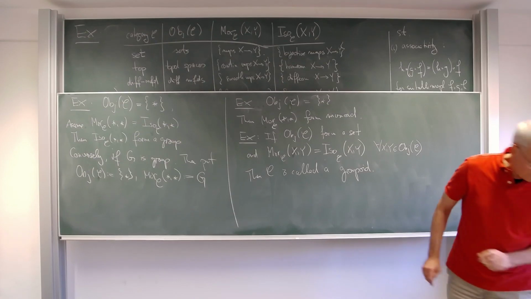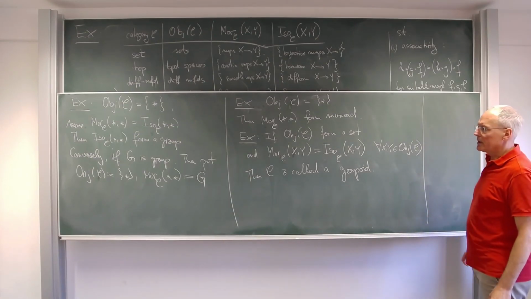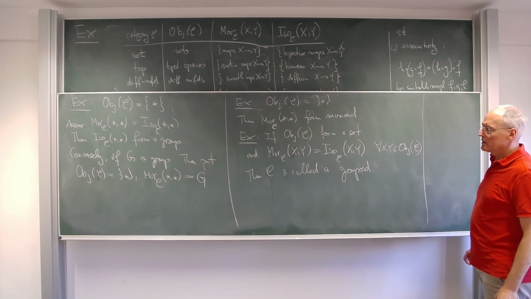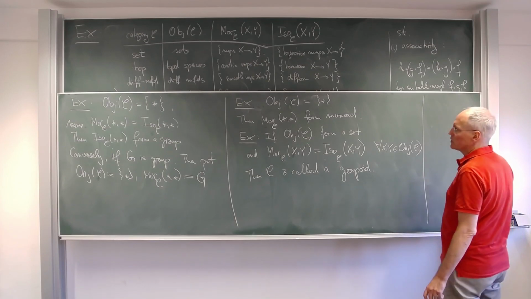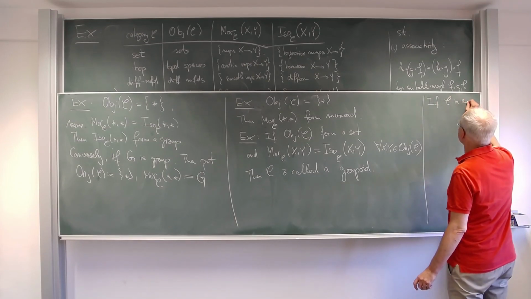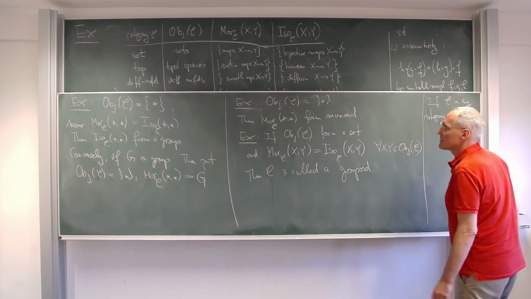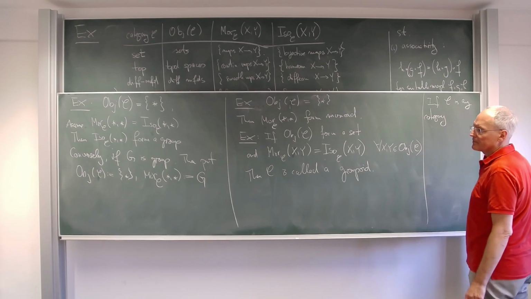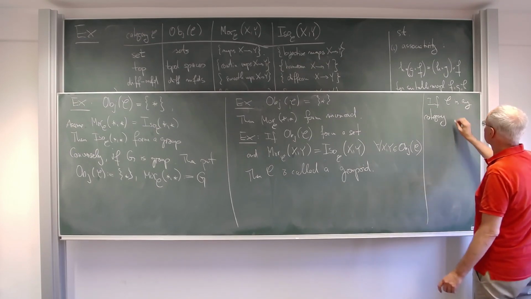All right, now one or two pieces of notation here. So if C is any category, then we can derive another category from it.